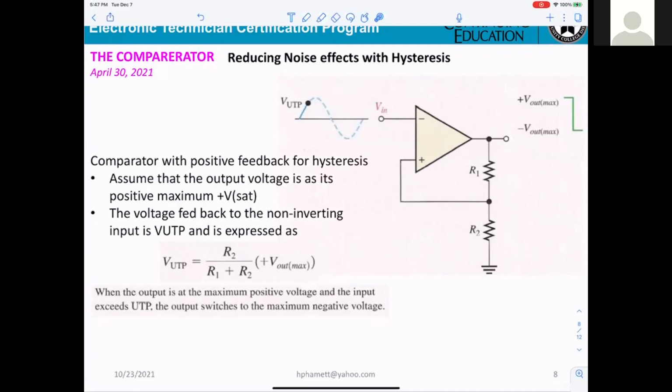Is it inverting? It cannot be inverting. How do we know? The thing is, feedback for inverting has to go to the negative, right? It's not the positive.